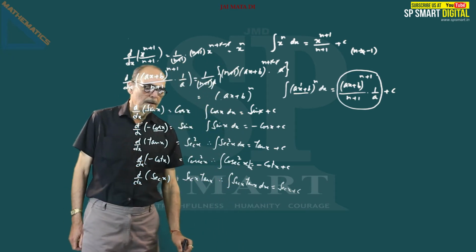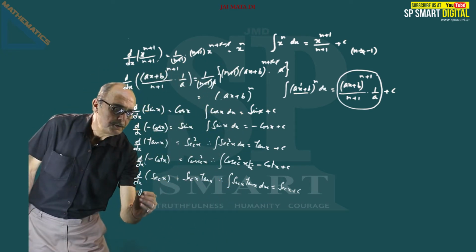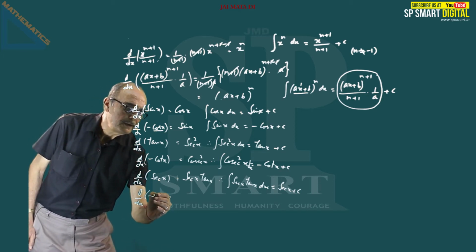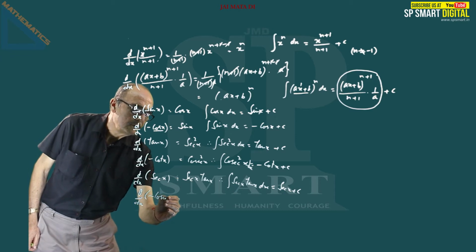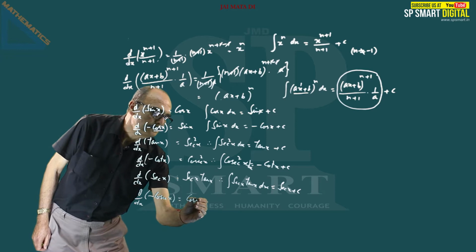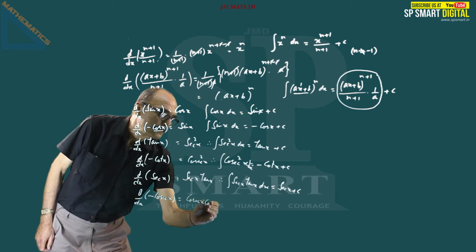Then we have d upon dx of minus cosec of x. This is cosec x into cot x.